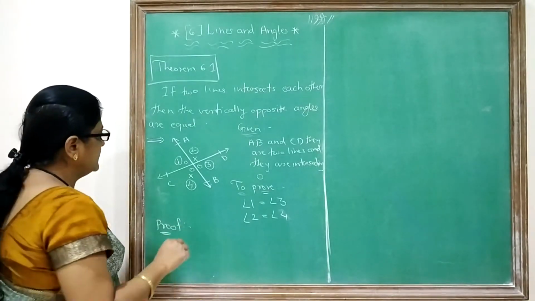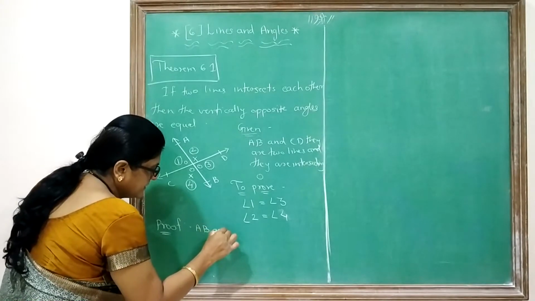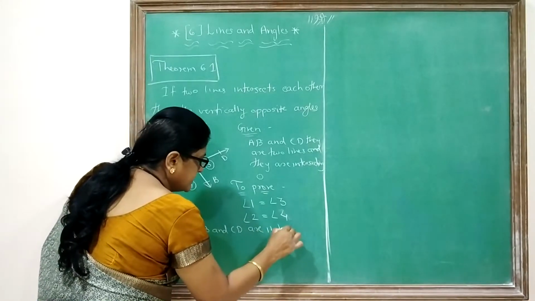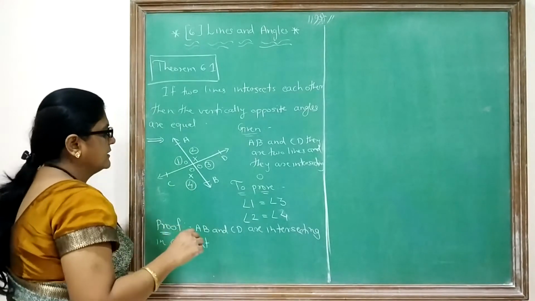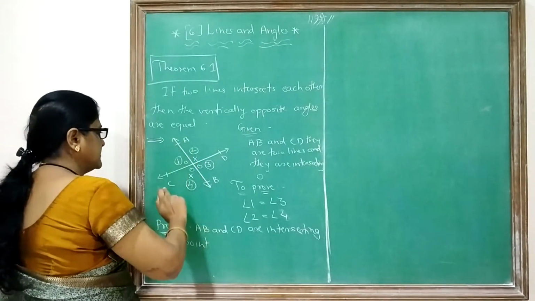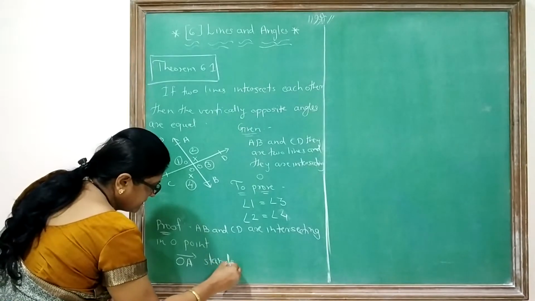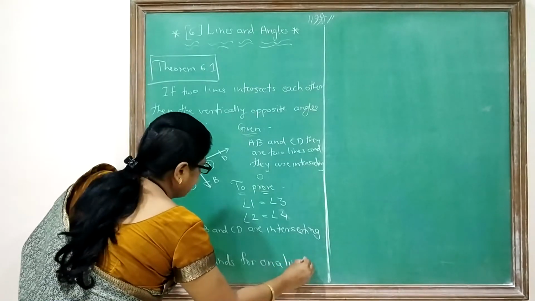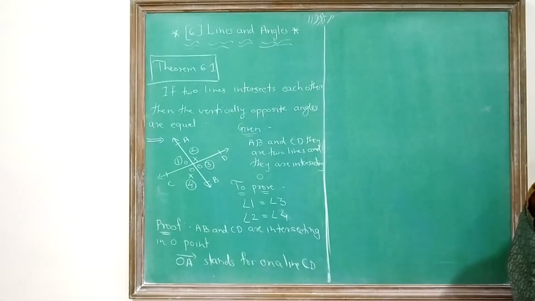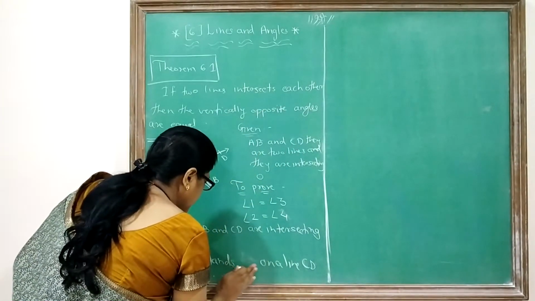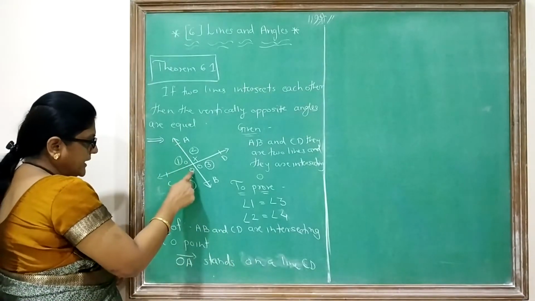First you will write the given condition. Given condition means what? AB and CD, they are the two lines and they are intersecting in point O. Then next line you will write ray OA stands on line CD.